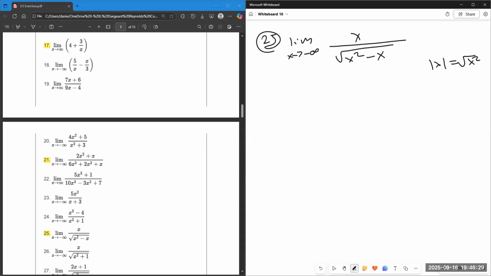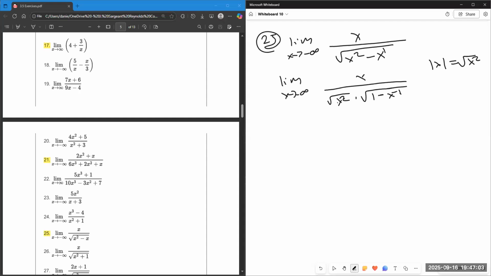And to see that this is the square root of x squared times the square root of 1 minus x to the negative second, that I can multiply inside the square root there, and x to the negative first, and I can get the same thing, that 2 minus 1 is an exponent of 1, and 2 plus 0 is 2.